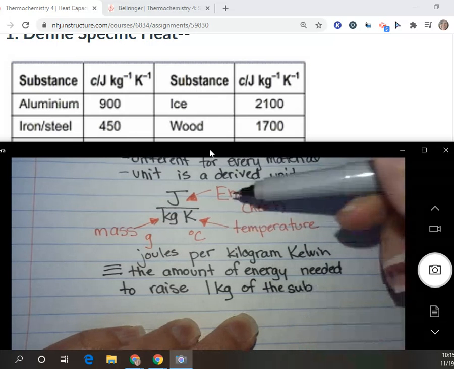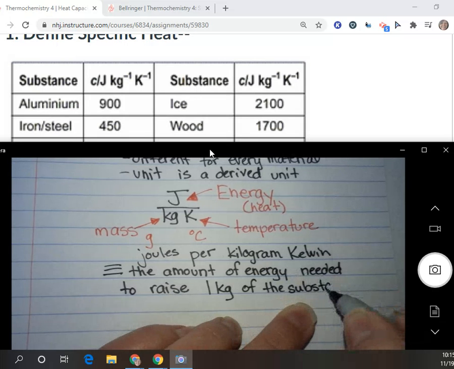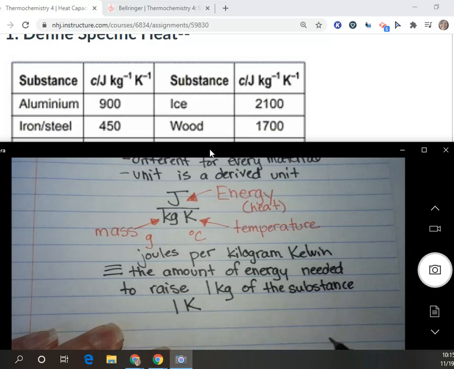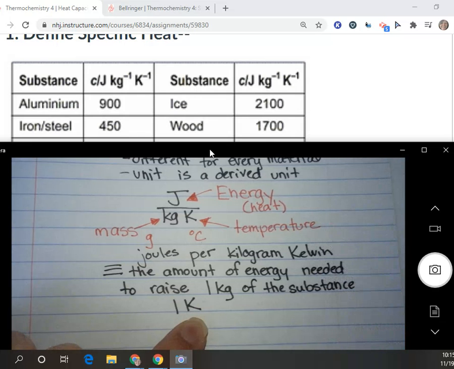We know if we have a unit, we're measuring something. So of the substance, 1 Kelvin. Remembering that Kelvin is the temperature unit is really important.